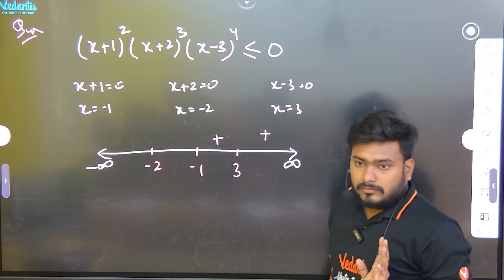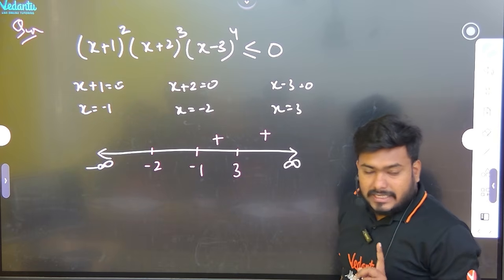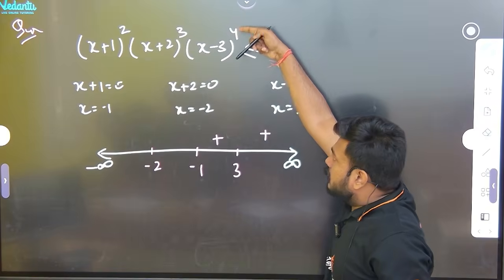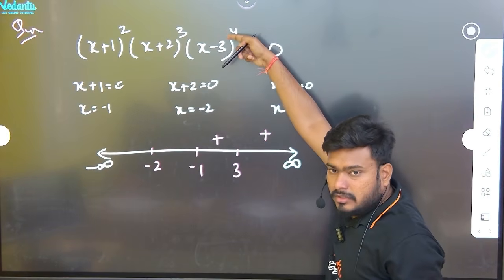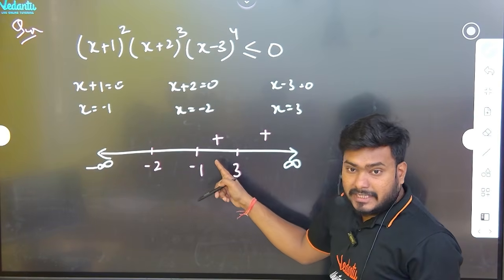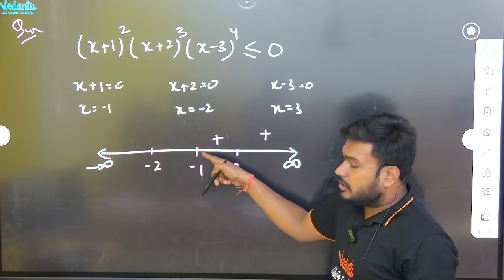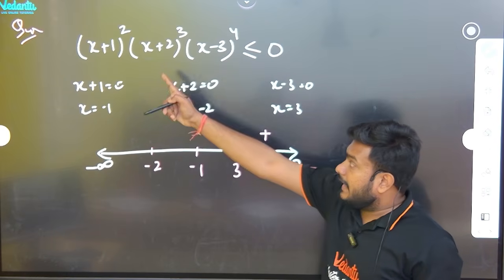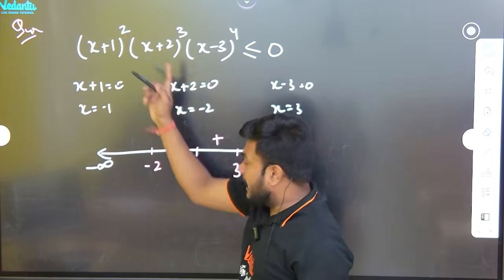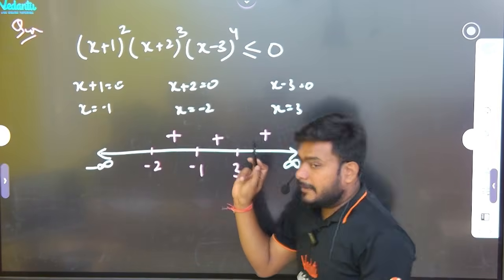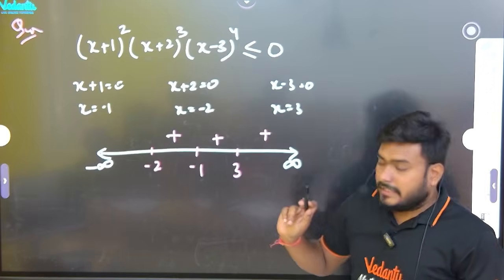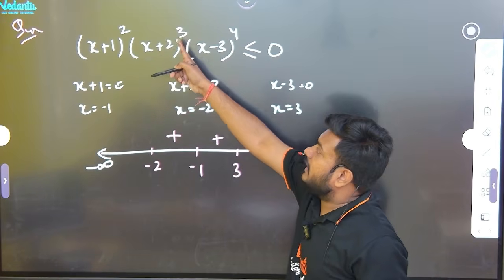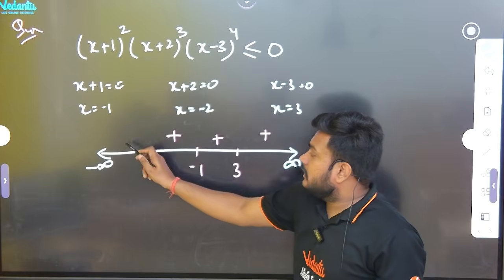Again, you reach 3, check which bracket it comes from. The power is even, sign remains the same. Which number did you reach? Minus 1. Minus 1 is coming from which bracket? First bracket, and the power is even. Again the sign will remain the same. Then you reach where? Minus 2. Minus 2 is coming from this bracket. This bracket has an odd power. Sign will change.